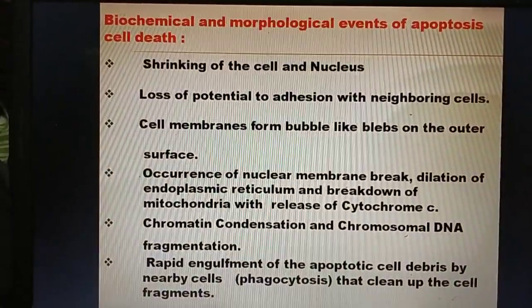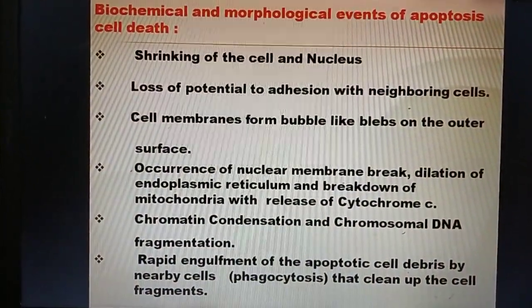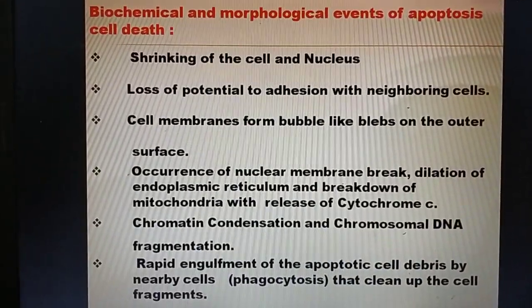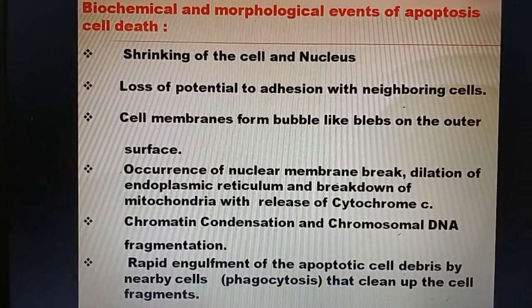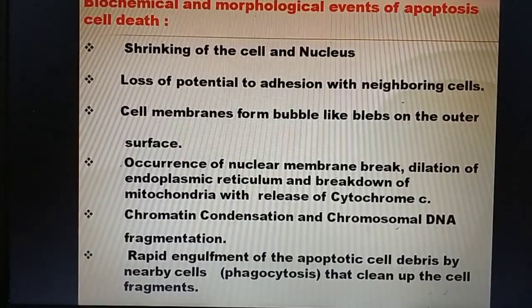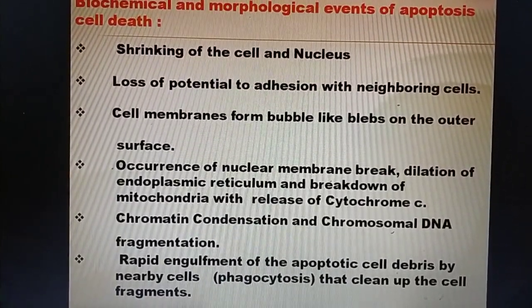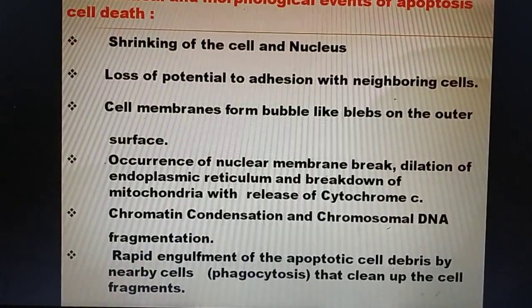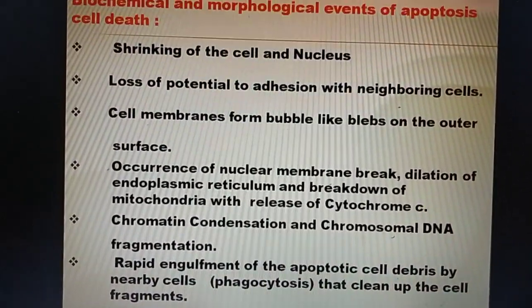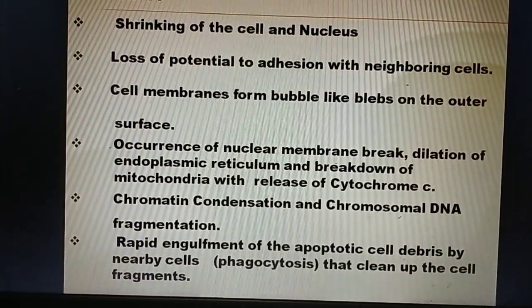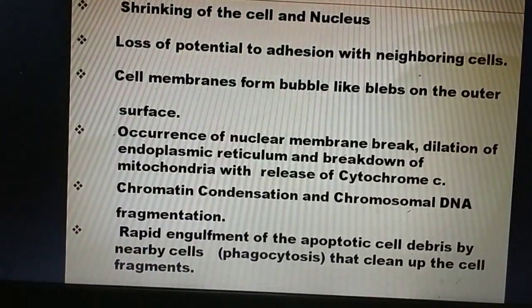What are the biochemical and morphological events of apoptotic cell death? Number 1, shrinking of the cell and nucleus, loss of adhesion with neighboring cells, and the cell membrane forms bubble-like blebs on the outer surface.